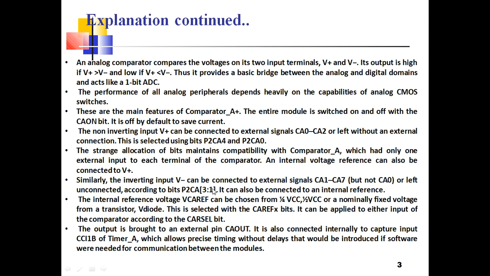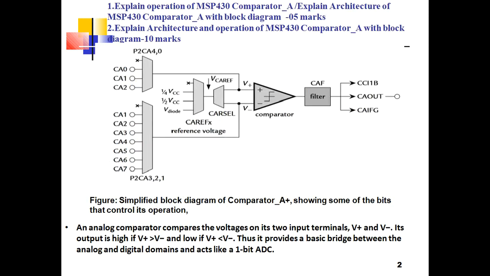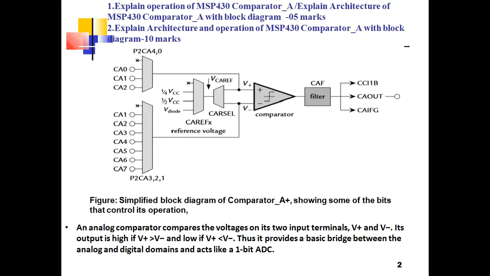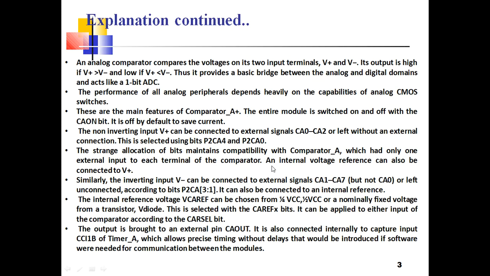An internal voltage reference can also be connected to V plus. Here the comparator reference voltage is also connected to the positive terminal. Similarly, the inverting input V minus can be connected to the external signals CA1 to CA7, but not CA0. You can see here there is no CA0; CA1 to CA7 are connected to the V minus terminal of the comparator.